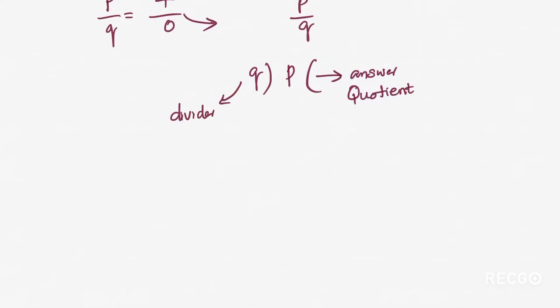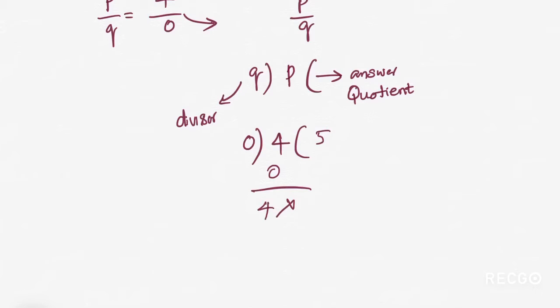This is called the divisor. Here 0 will be the divisor. 0 times 5 is 0, 0 times 1000 is also 0, and again the answer needed is 4.